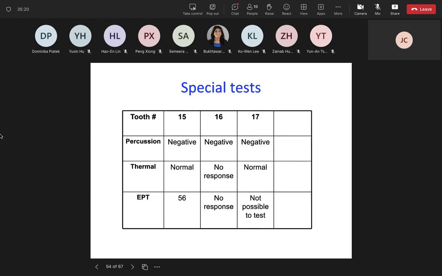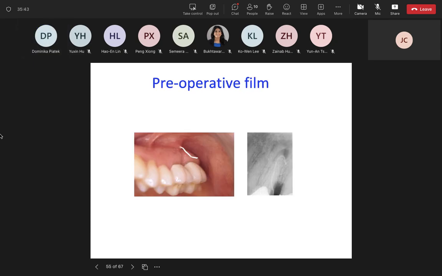And when we are checking the next test, we do not have any response in that tooth, and we have some readings for tooth 1.5 and it is not possible to test tooth 1.7. And we have some preoperative X-ray.